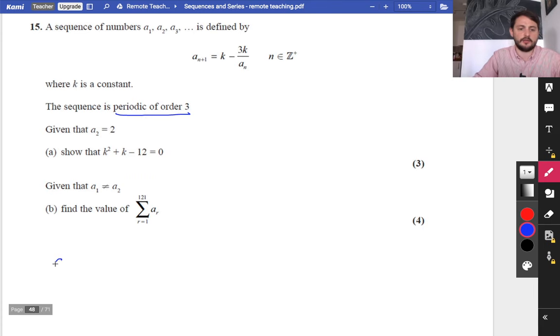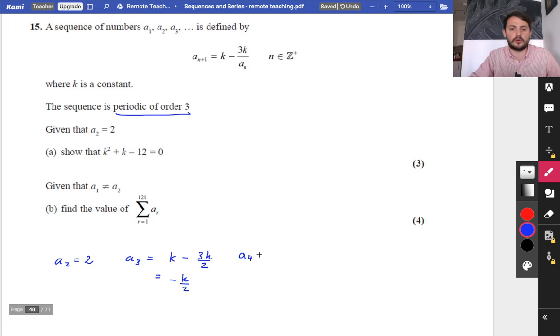Okay, well, if A2 is equal to 2, let's find out what A3 is equal to. Well, it would be k minus 3k over 2. So that's 1 minus 3 over 2, which is minus k over 2. So that's what A3 is equal to.